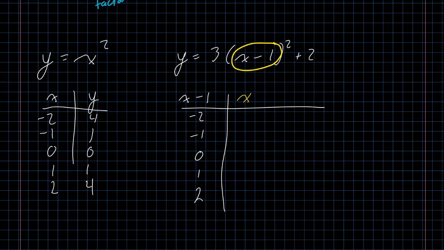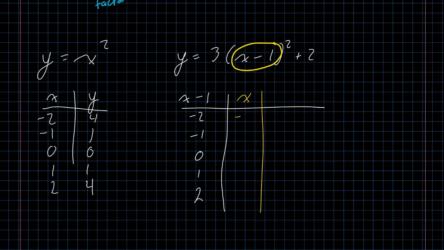And then I'm going to introduce a new column, which is going to be labeled as x. And I'm going to ask the question, what value do I have to plug in for x so that x minus 1 is -2? What do I subtract 1 from to get -2?